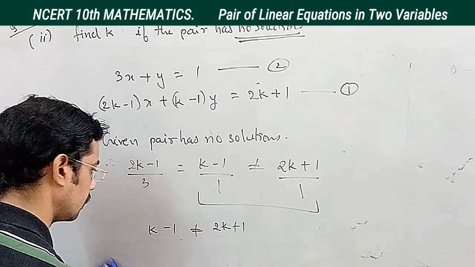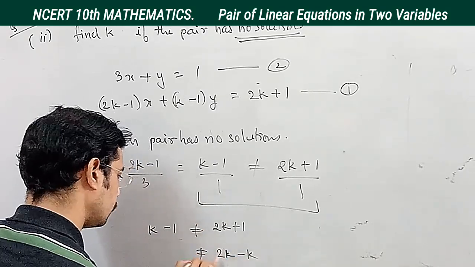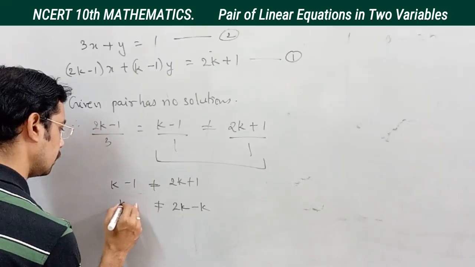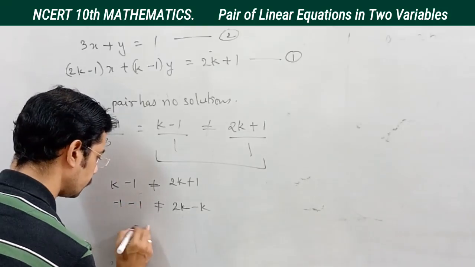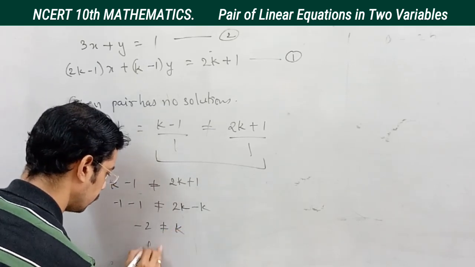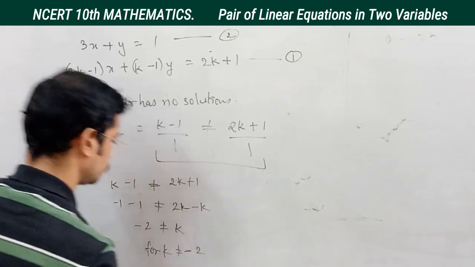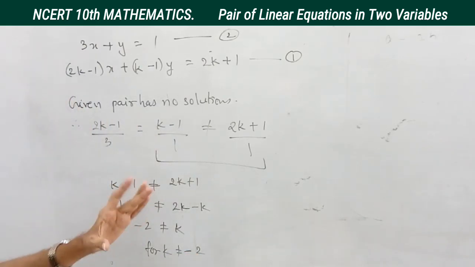So I can say that 2k minus k is not equal to 1 minus 1 minus 1. This is minus 2 not equal to k. So k is not equal to minus 2.